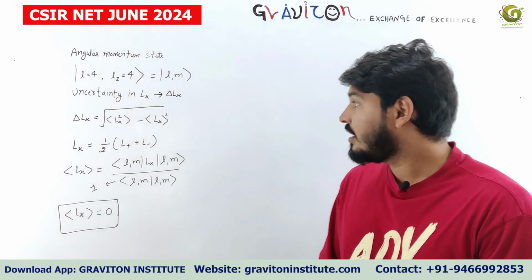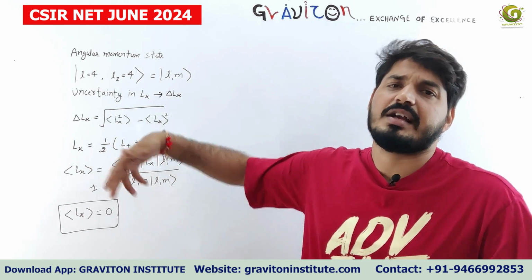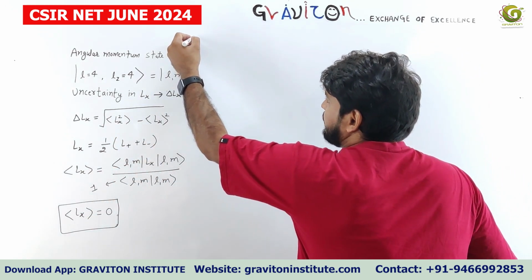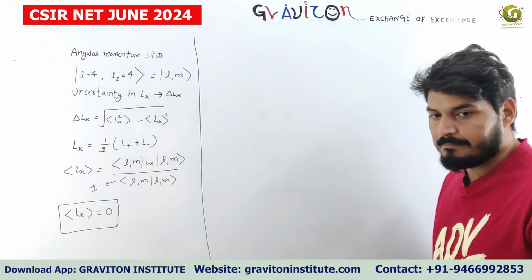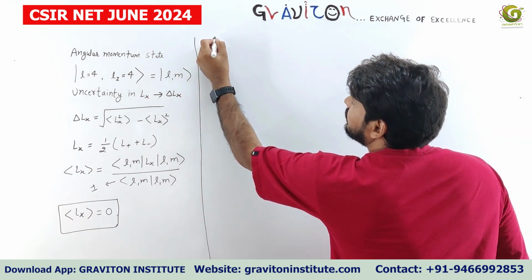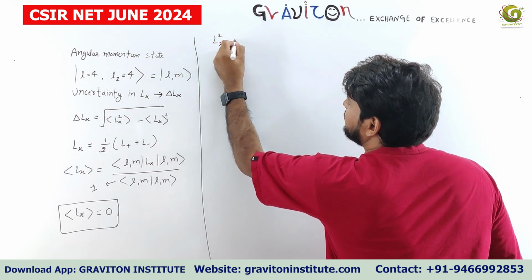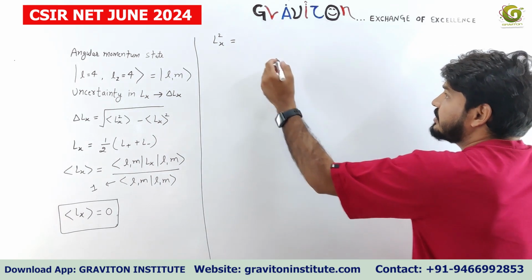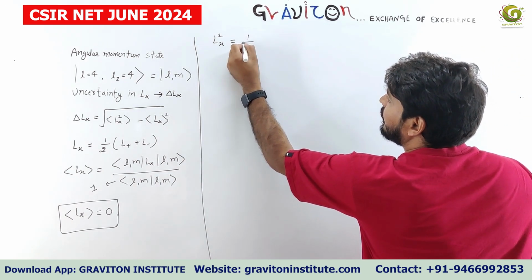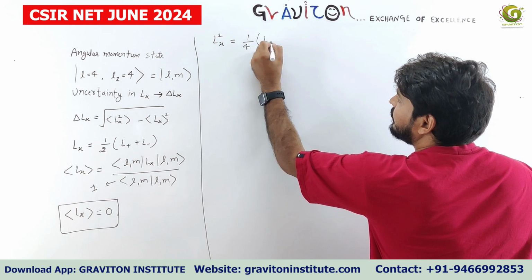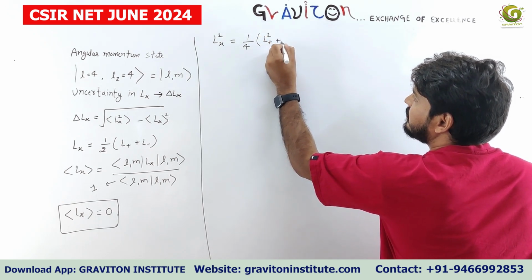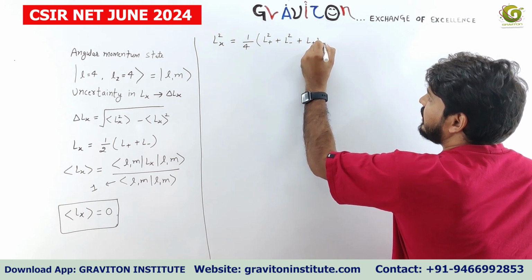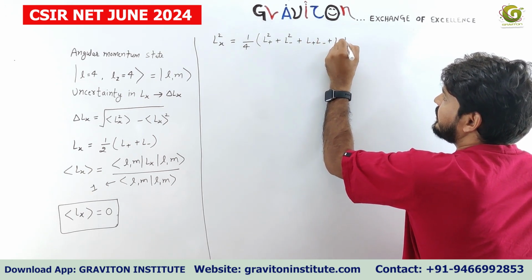Now next is Lx square. In the exam, you should know all of this directly. Let's find this also. We already know Lx, so we square it. This becomes 1 by 4 times L plus square plus L minus square plus L plus L minus plus L minus L plus.